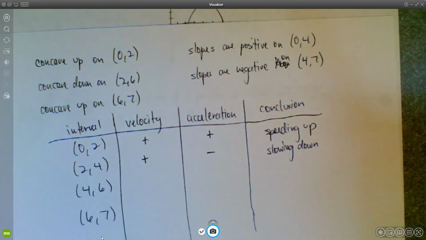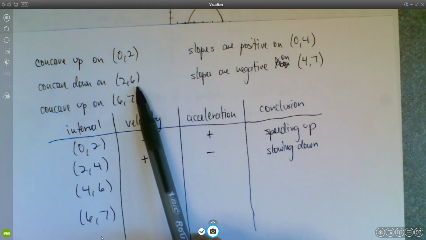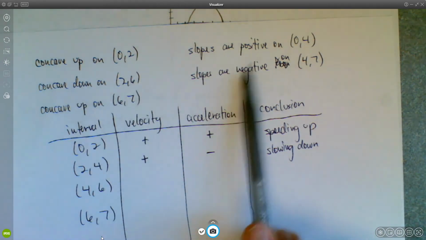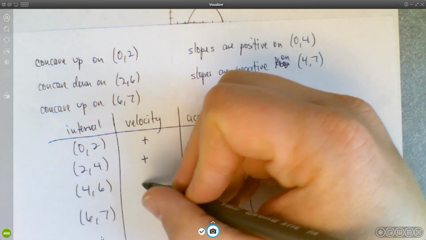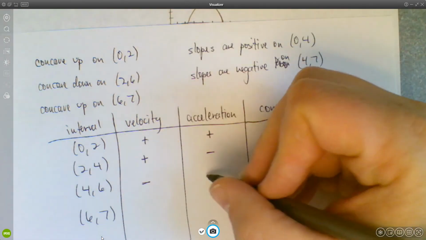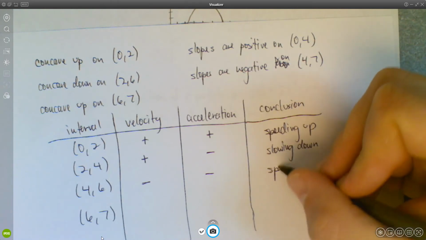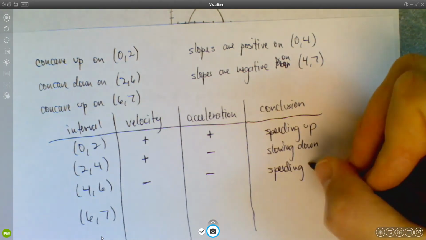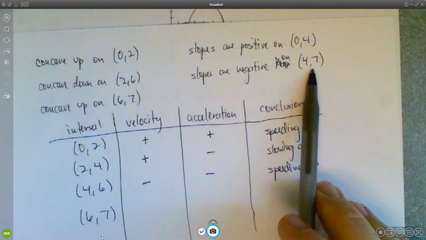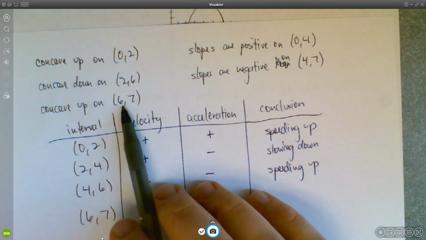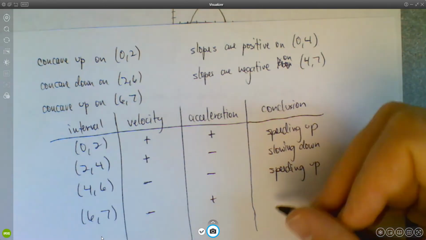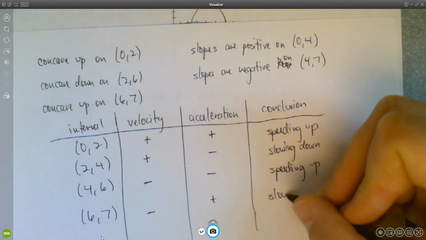From 4 to 6, the velocity is negative, and the acceleration is still negative, so we're speeding up. And from 6 to 7, slopes are negative, the acceleration is positive, so we're slowing down.